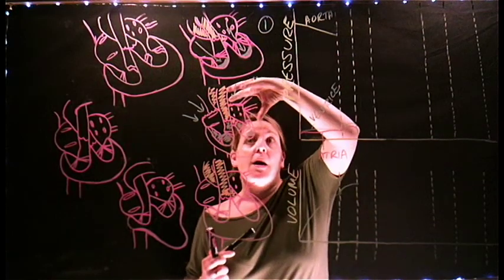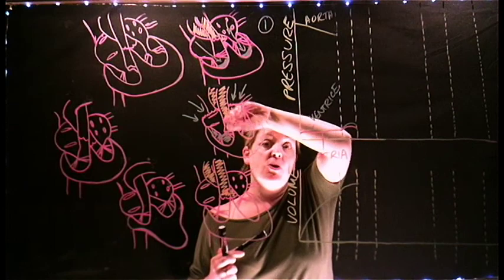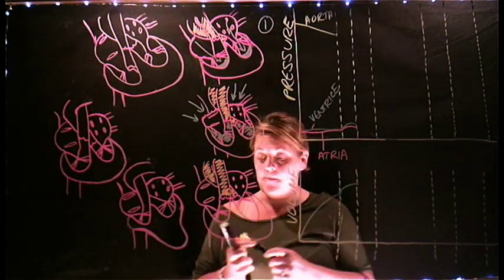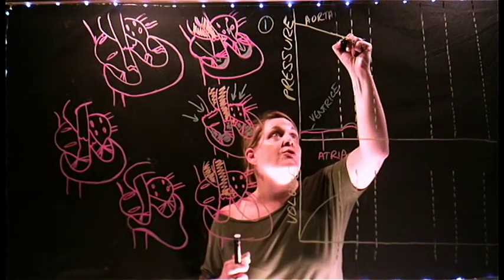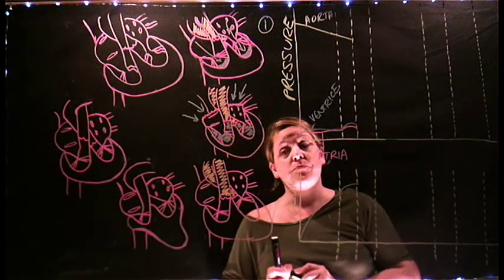So here, as the atria contract, the volume decreases in the atria, and so the pressure within them increases. At this stage, we are still seeing a gradual fall in pressure in the aorta.